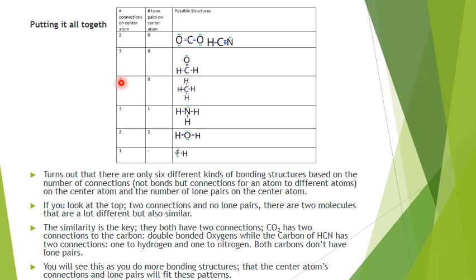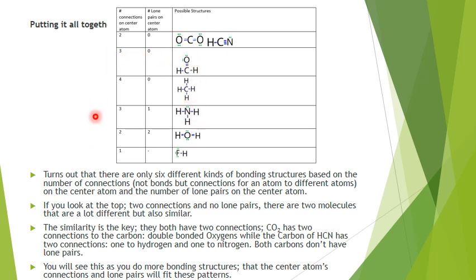We had another situation where you have 4 bonds and no lone pairs, like methane. And then we had a situation like ammonia, where you had 3 bonds and 1 lone pair.